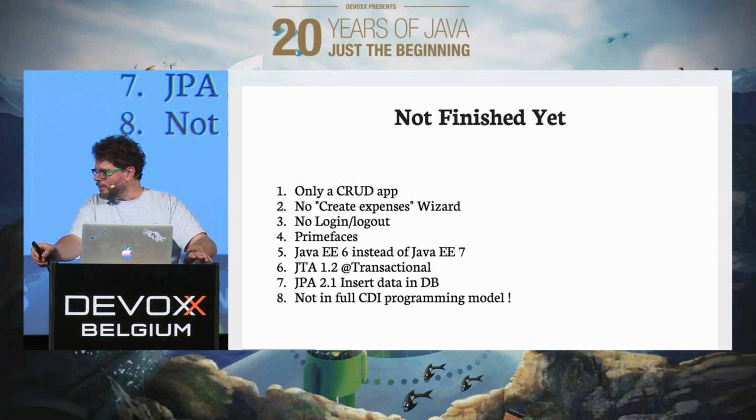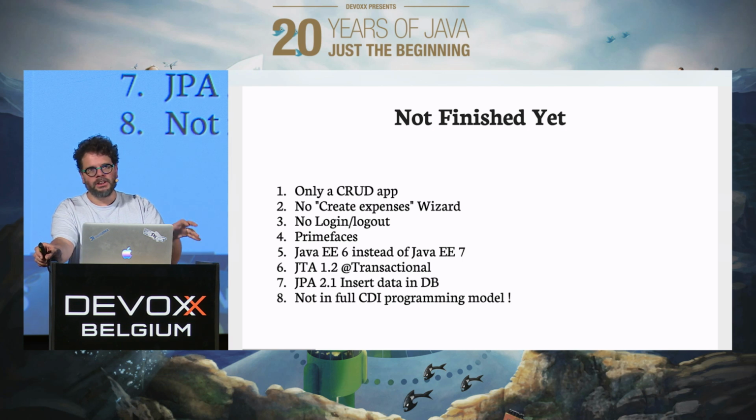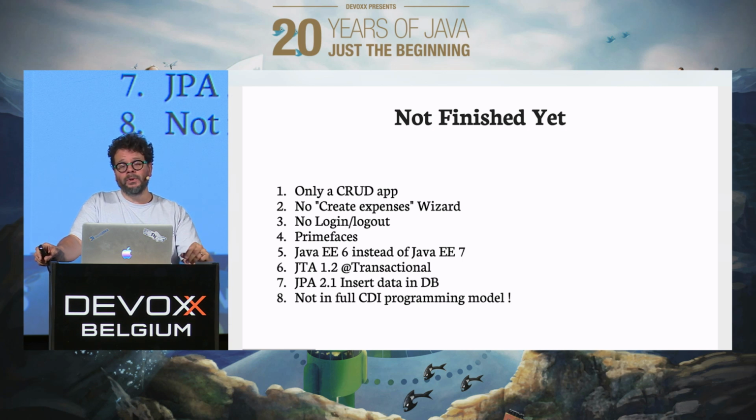And as Antonio said, we are only using Java EE 6 at the code level, even if we upgraded all the libraries. For the moment, Forge only generates Java EE 6 code. So we'd like to upgrade our code to Java EE 7, to have effective Java EE 7 code.